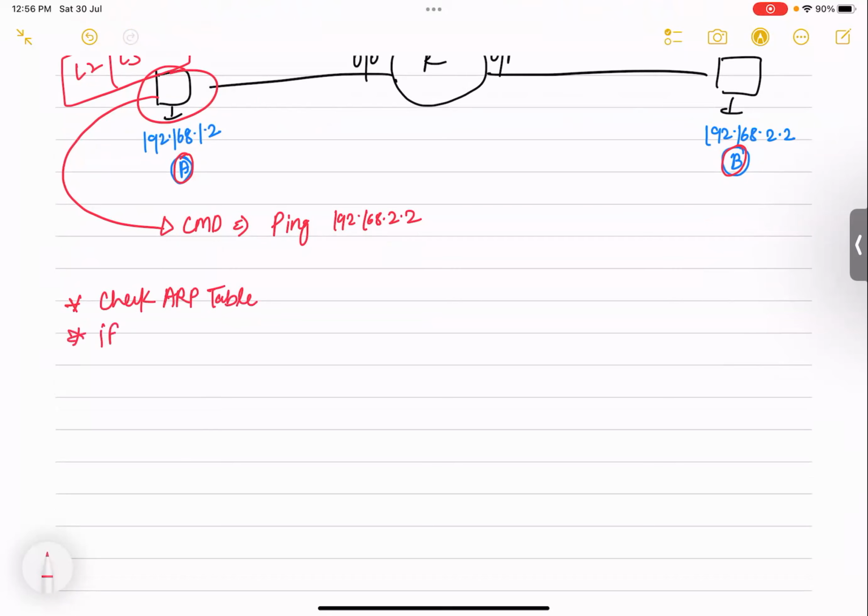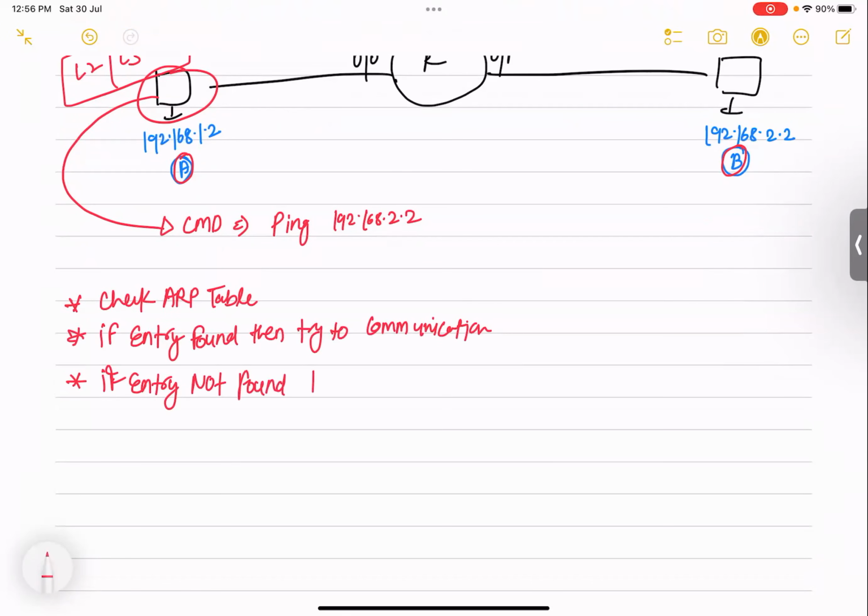If an entry is found, then it forwards and tries to communicate. I'm not saying communication is possible, only that it tries. If the entry is not found, then it follows the ARP process to resolve the IP to MAC.